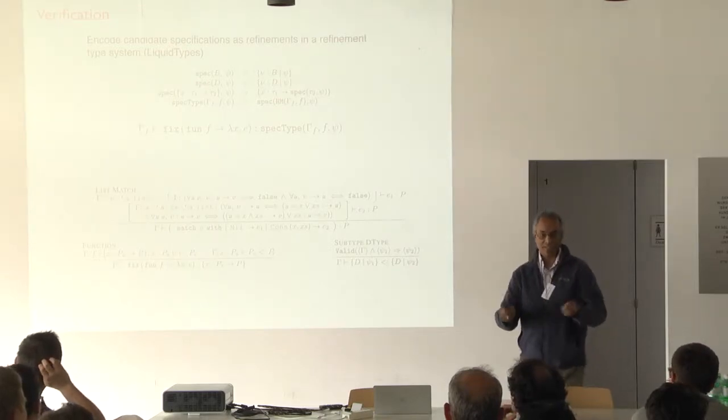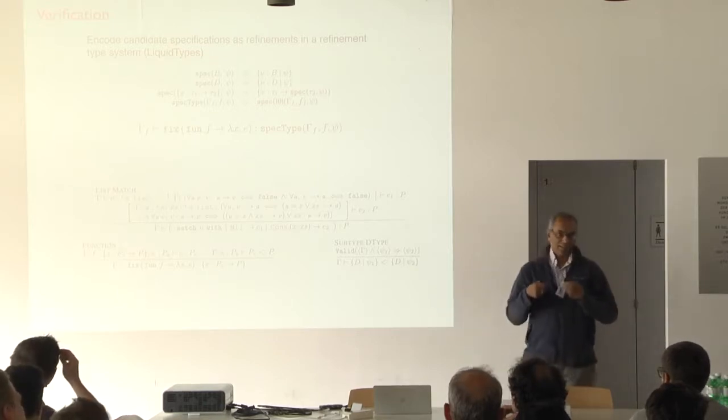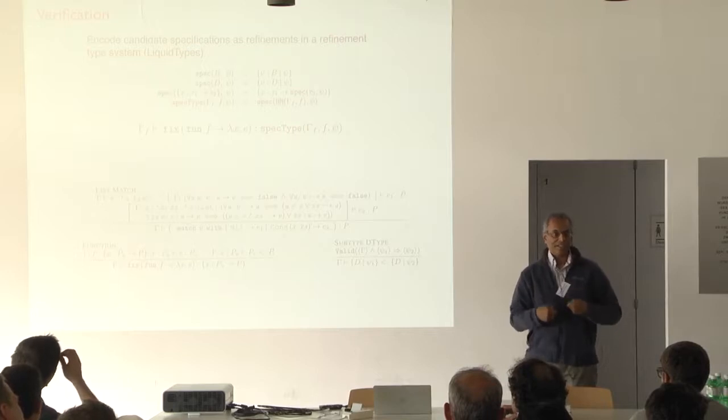So if I claim that a particular specification holds for a particular function, then I use liquid types to ensure that that property is guaranteed at call sites to that function, and conversely on returns as well.